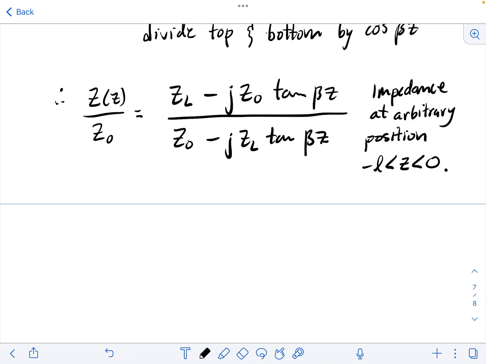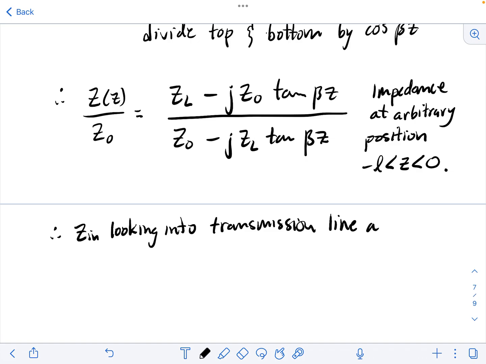Therefore, Zin, looking into the transmission line at position z equals minus L, is, well, all we're going to do is take the z in the tan beta z and put in minus L. But the tan of minus x is equal to minus tan x.